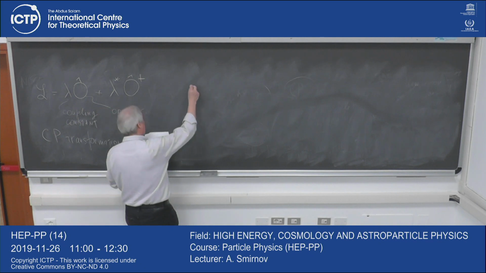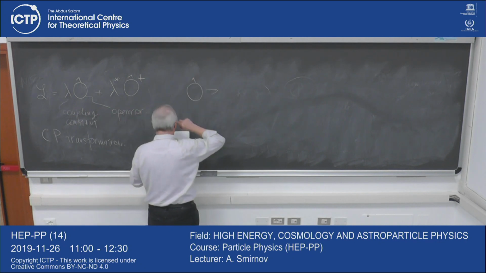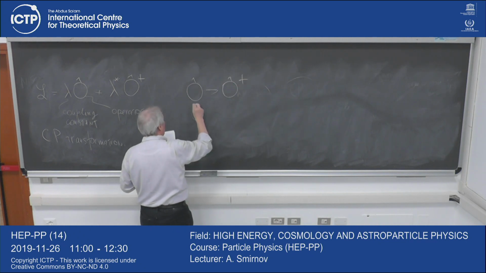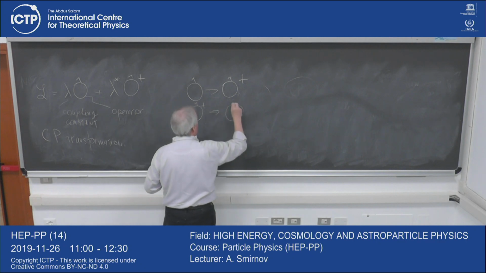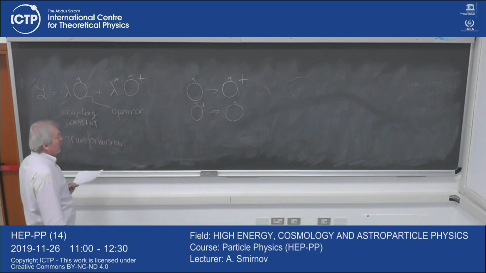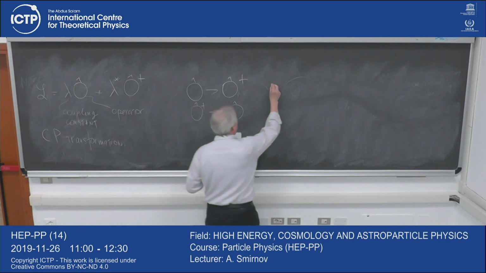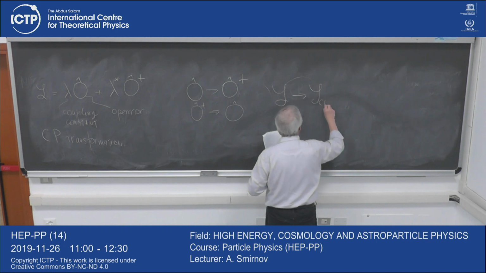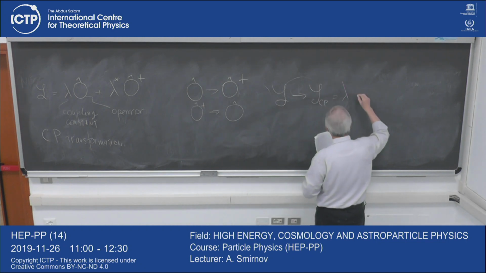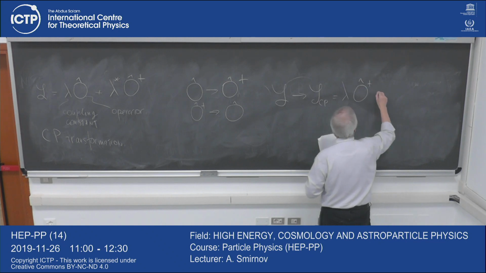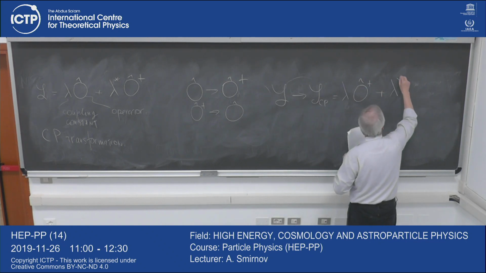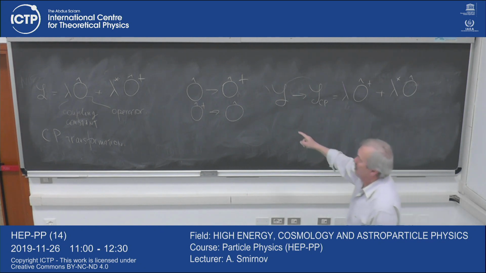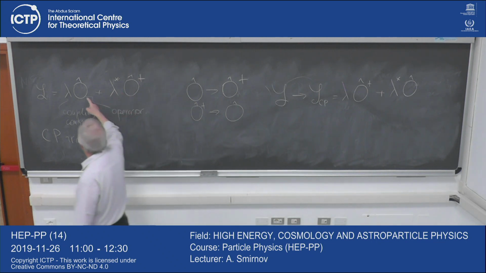So under CP, O goes to O dagger, and O dagger goes to O. And therefore, under CP transformation, our Lagrangian is transformed to lambda O dagger plus lambda star O. Right? I just substitute here O, and here O dagger.